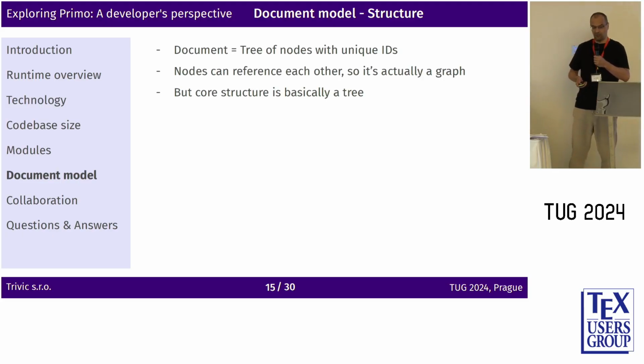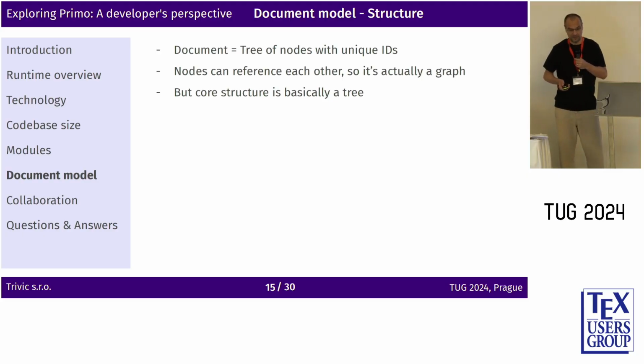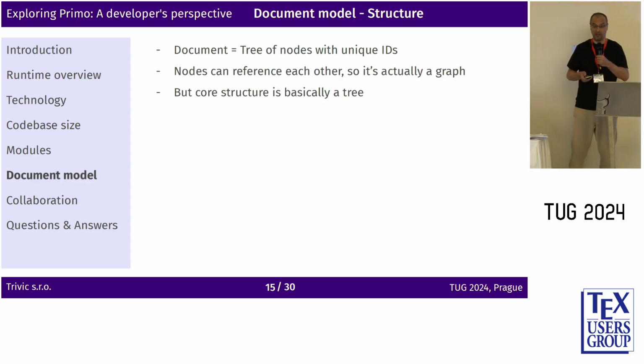Now I'm getting to the document model, and actually the purpose of this is that I want to focus on one particular aspect of Primo, which is the real-time collaboration. And in order to get there, I need to present some details about the document.